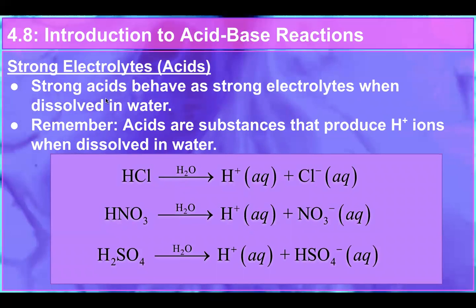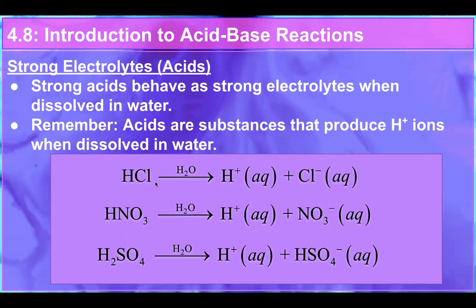Okay, so a strong acid will behave as a strong electrolyte because it will completely dissociate, meaning that it will release all of its hydrogen ions in solution. But not only that, so in this example, all the hydrogen and all of the chloride ions will dissociate in the water.